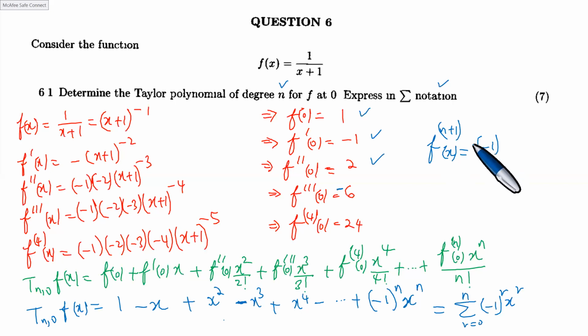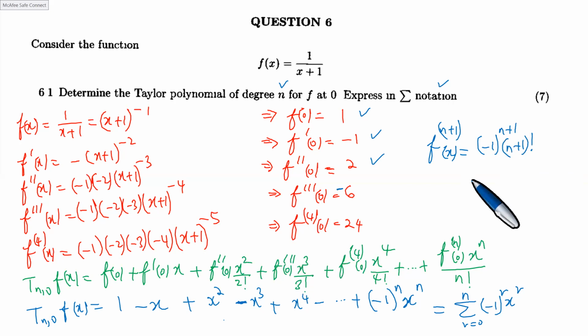So it's going to be the same thing, the (n+1)th derivative. So we need the (n+1)th derivative. Now if this is the fourth derivative, it's going to be 1, 2, 3, 4, because the third derivative stops at 3, the second derivative at 2, so the fourth derivative stops at 4. So it becomes (n+1) factorial, like this.